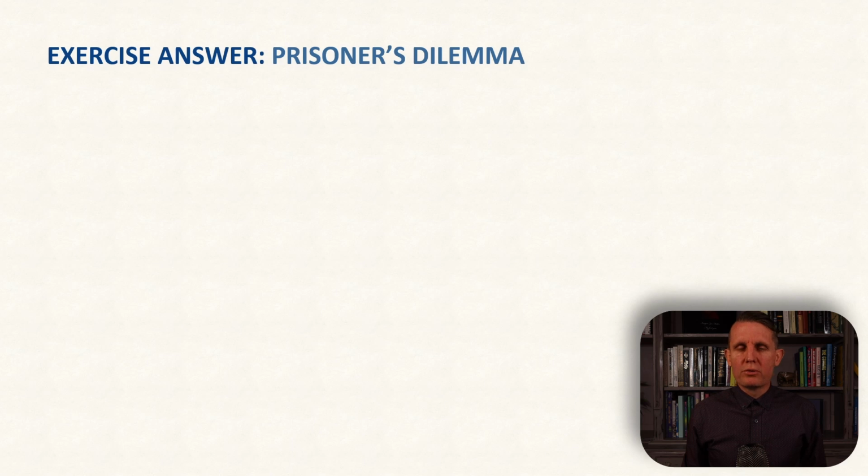We have two players, or two agents, in this game, and we're going to draw a matrix that shows the different outcomes that can happen depending on which action each player chooses. On the left, we'll have player 1. On the top, player 2.